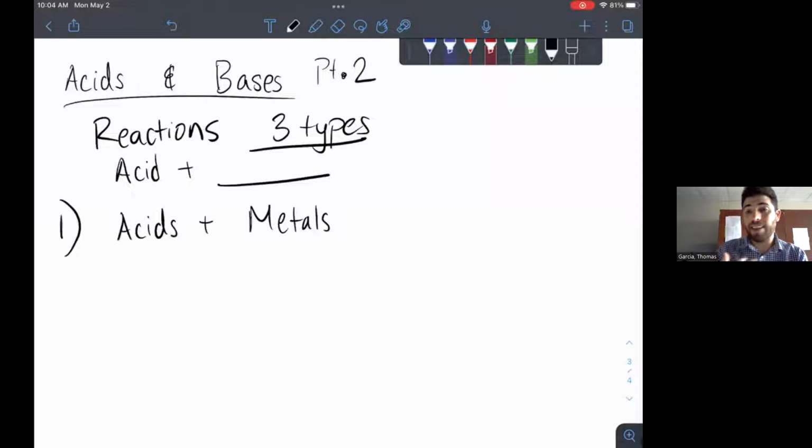Now, acids react with pretty much all metals, except for some very unreactive ones. And when they do, we can always assume that our products are going to be some type of hydrogen gas plus some type of metal salt.